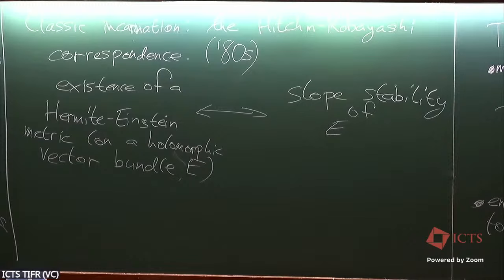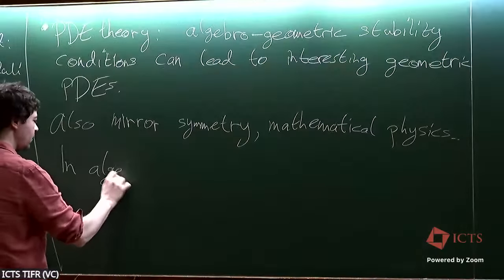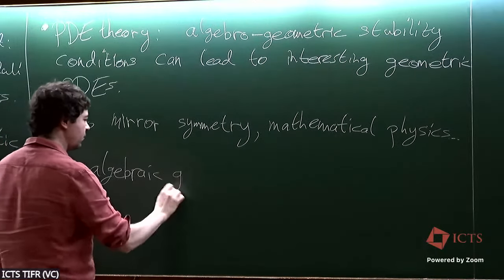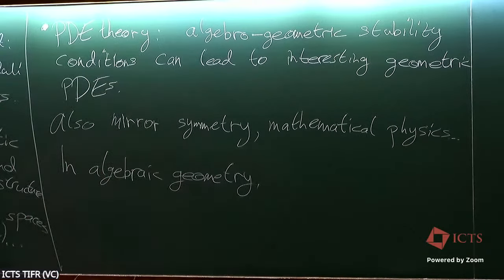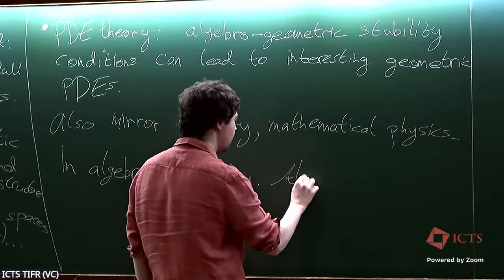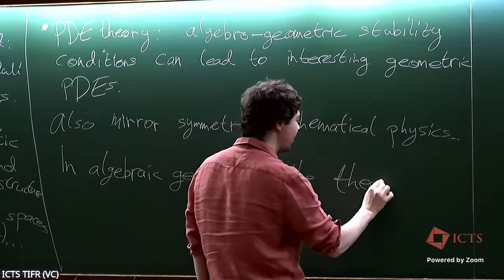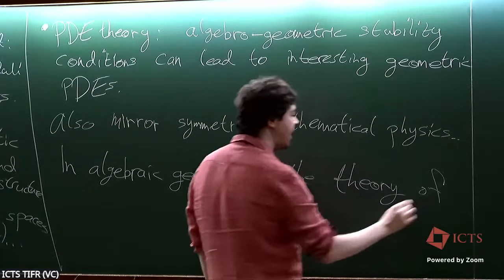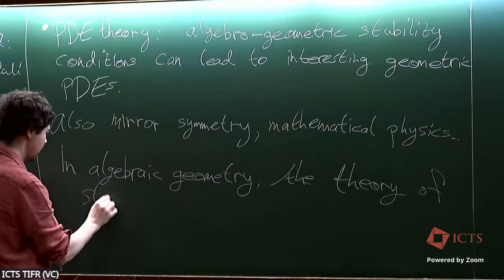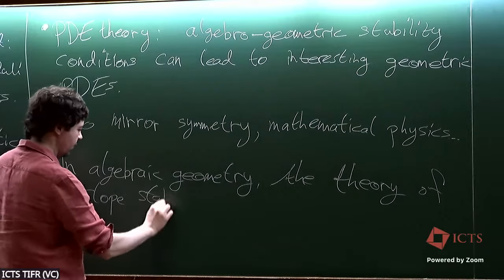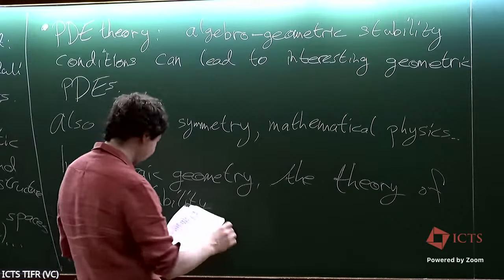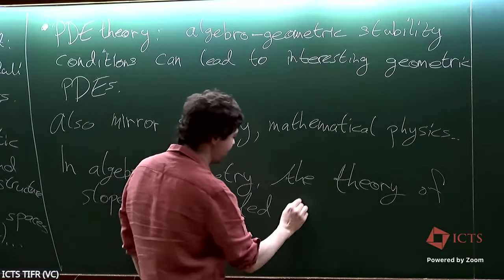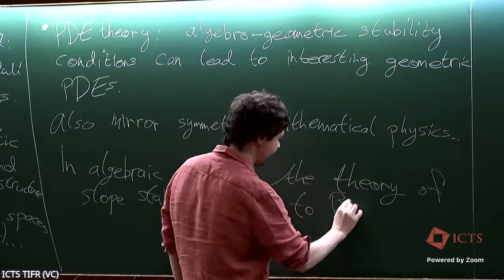So in algebraic geometry, roughly speaking, motivated by questions in mathematical physics, the general theory or the structures involved in the theory of slope stability, which remember this is a stability condition for vector bundles, this led to a more homological theory, to what are called Bridgeland stability conditions.